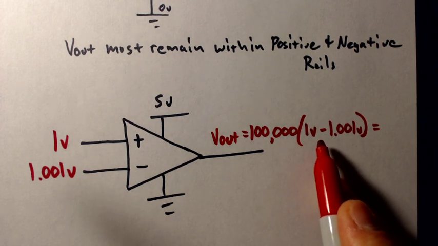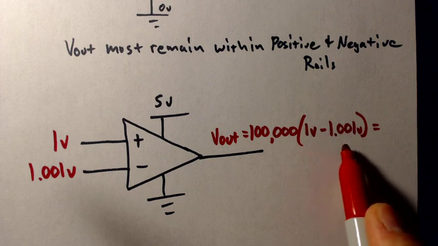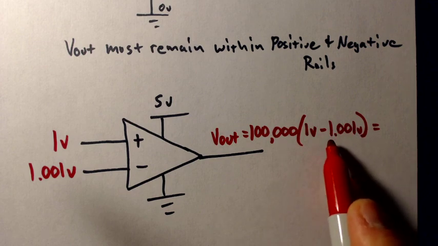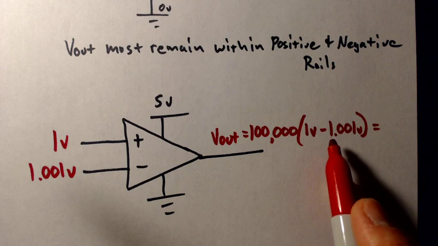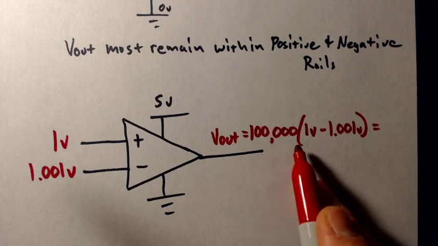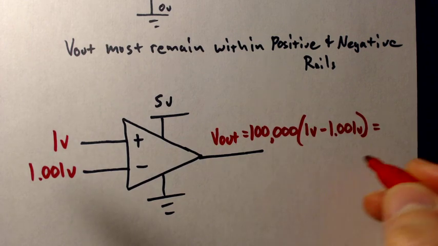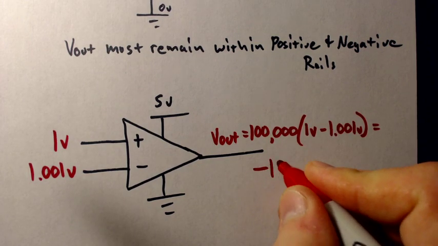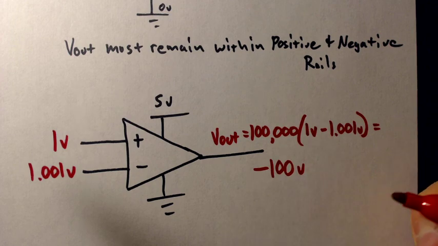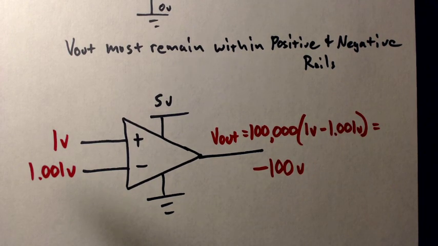Now notice we're getting minus 0.001, or minus 1 millivolt, times 100,000. So we should get minus 100. But wait a second.